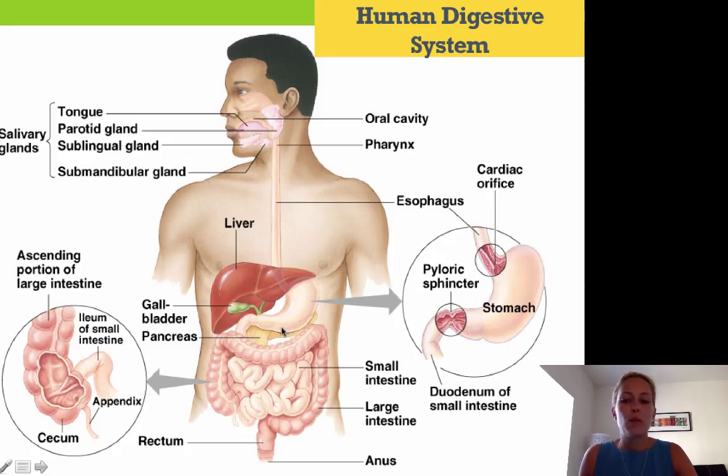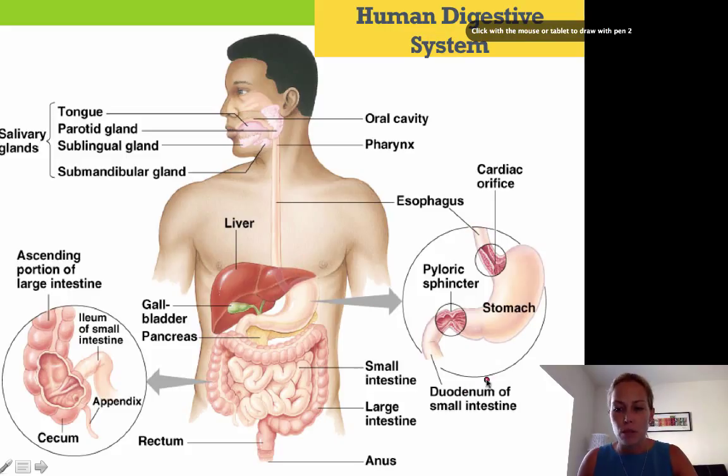Once that food has been broken down, it becomes a thick, soupy liquid called chyme, and it will then pass out of your stomach in small amounts through the pyloric sphincter, and enter the first part of the small intestine. And you need to know the name of the first part of the small intestine.